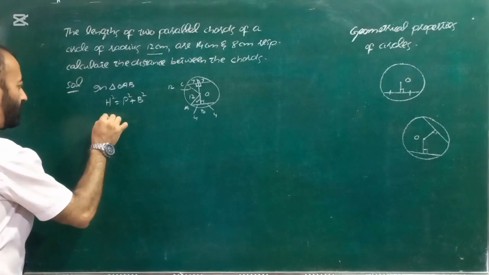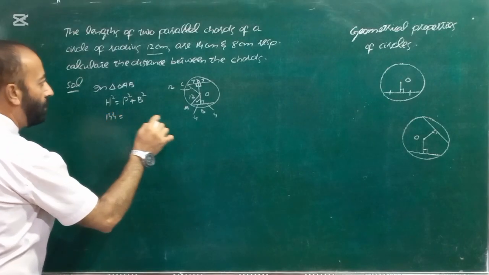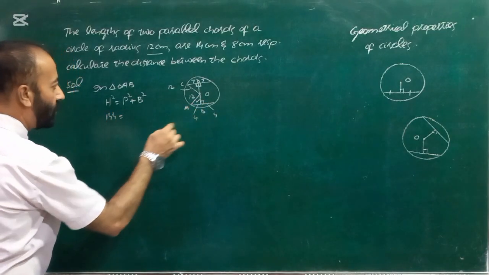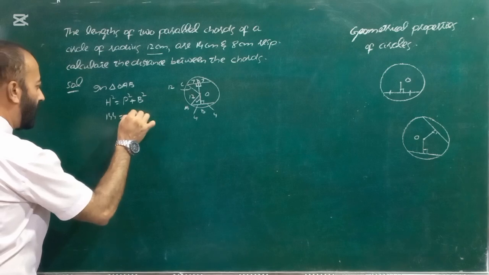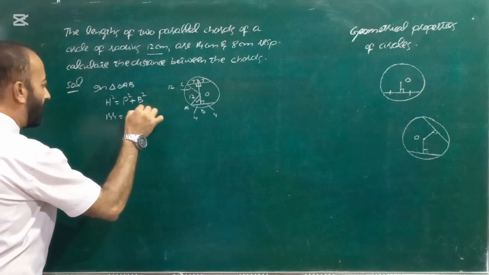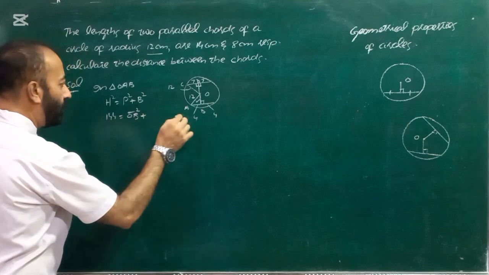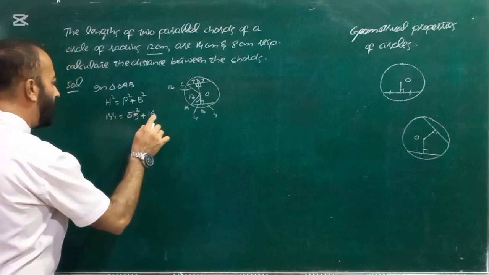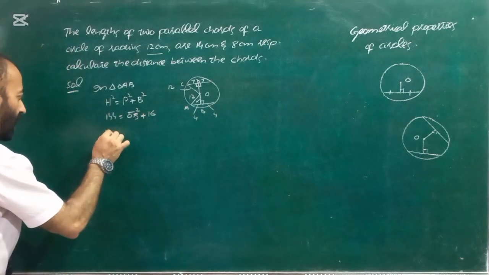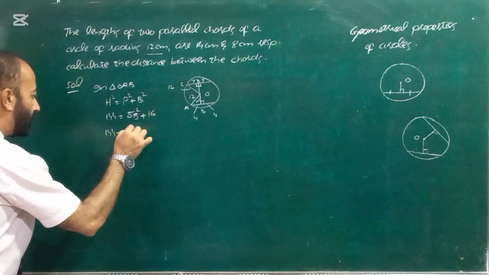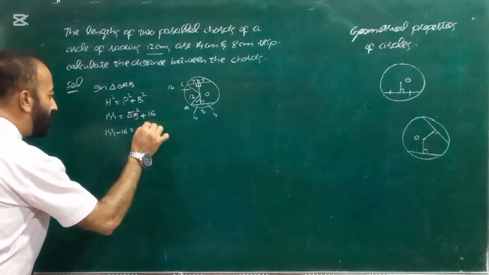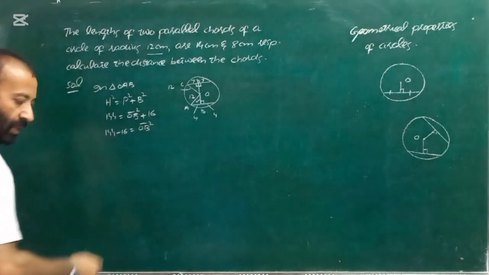Hypotenuse is 12, so it will be 144. Perpendicular is missing, so OB square, and base is 4. 4 squared is 16, so 16 will be subtracted from 144, that is equal to OB square.